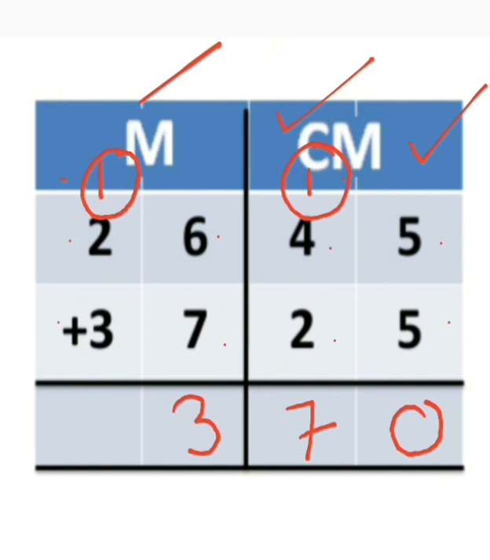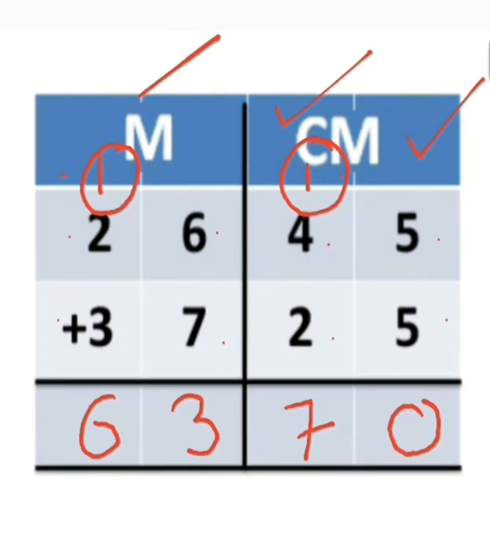So children, 1 plus 2 plus 3 is 6. So we will write 6 here, children. So when we add 26 meter, 45 centimeter with 37 meter, 25 centimeter, we get 63 meter, 70 centimeter as the answer.